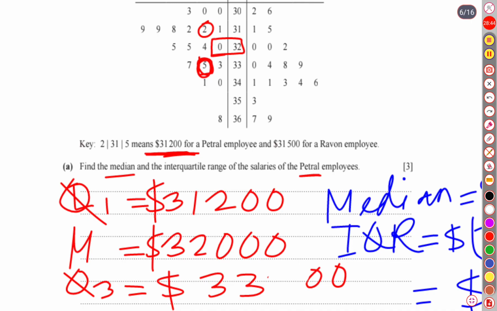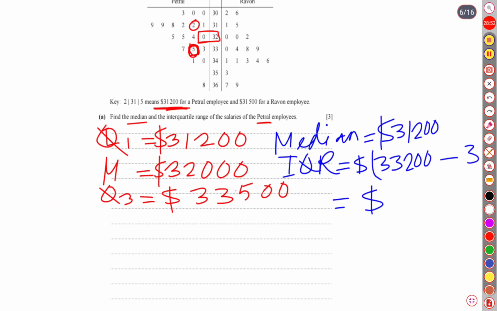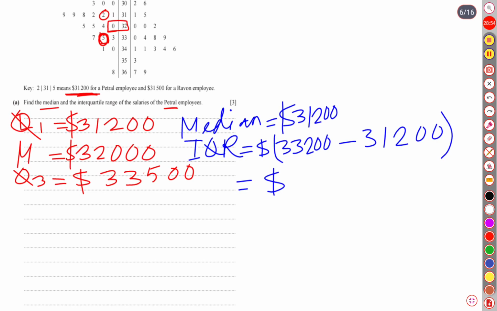From 335, if we subtract 312, it is going to be 23. So 2300 US dollar is the interquartile range. I think you have understood how to solve this.